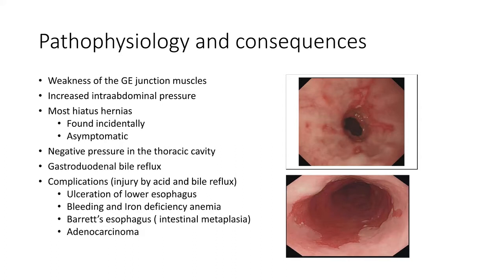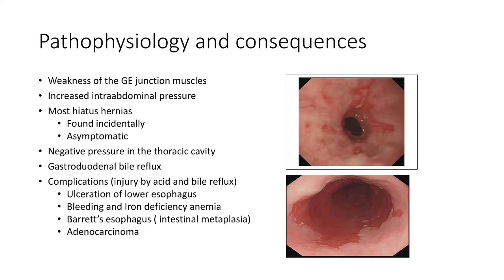Negative pressure in the chest, because the stomach gets pulled into the chest, plays an important role in the pathophysiology of making the contents of the stomach come back up to the lower esophagus and cause the damage. Very often you will see that people who have reflux don't really have gastroesophageal reflux, but they have what we call gastroduodenal reflux and defective gastric emptying, which means that there will be bile in the stomach.